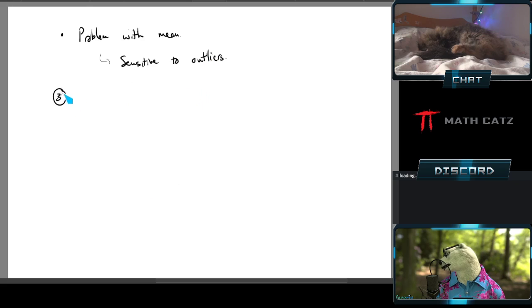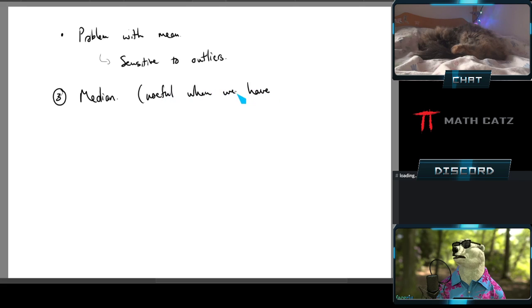So in steps the solution, and it's called the median. Median is useful when I have some outliers, or even if we suspect we have a few outliers.